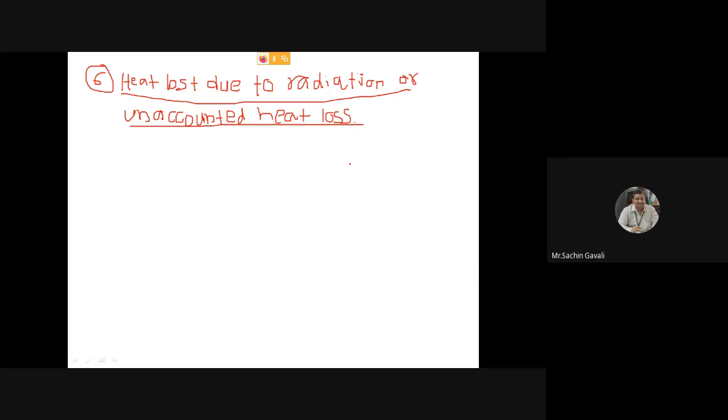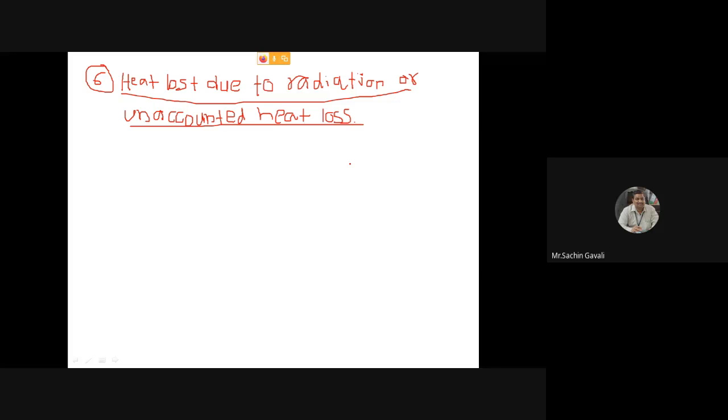Many boiler parts are exposed to atmosphere. Full stop. Next line.